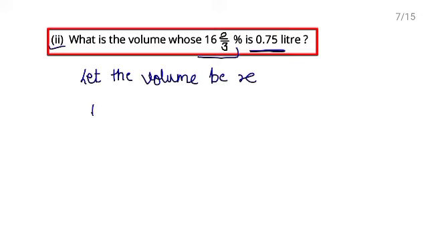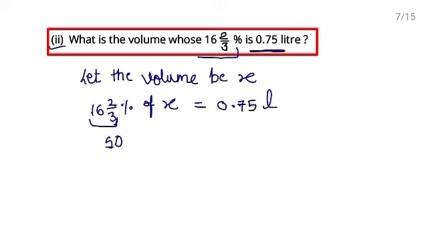That means 16 whole 2/3% of the volume x is equals to 0.75 liters. Now this is in mixed. So first of all you will convert it into the improper. 16 threes are 48 plus 2, 50. 50/3% of x is equals to 0.75 liters.